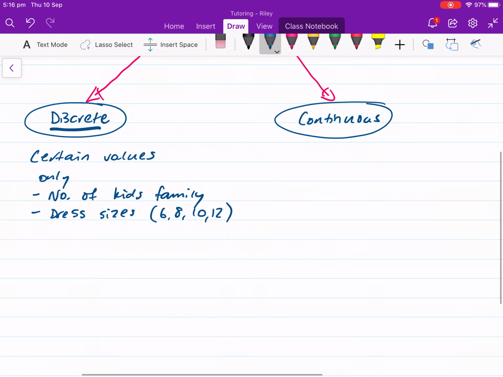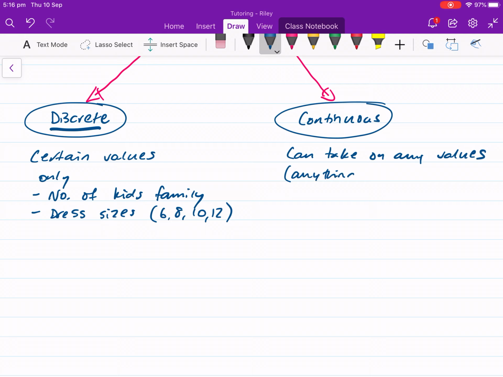Obviously, continuous data, this one here, can take on any values. So this is basically anything I can measure, right from how long it takes to run 100 meters, if I'm measuring the length of something or the height of something or the weight of something.